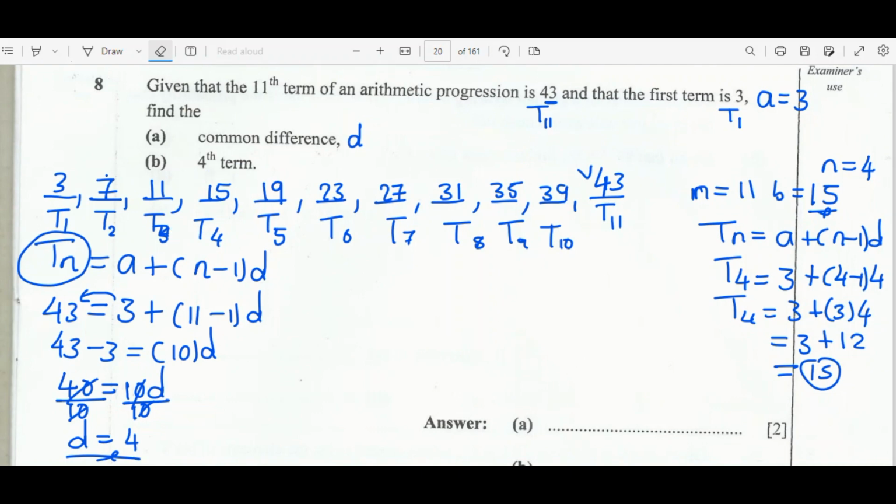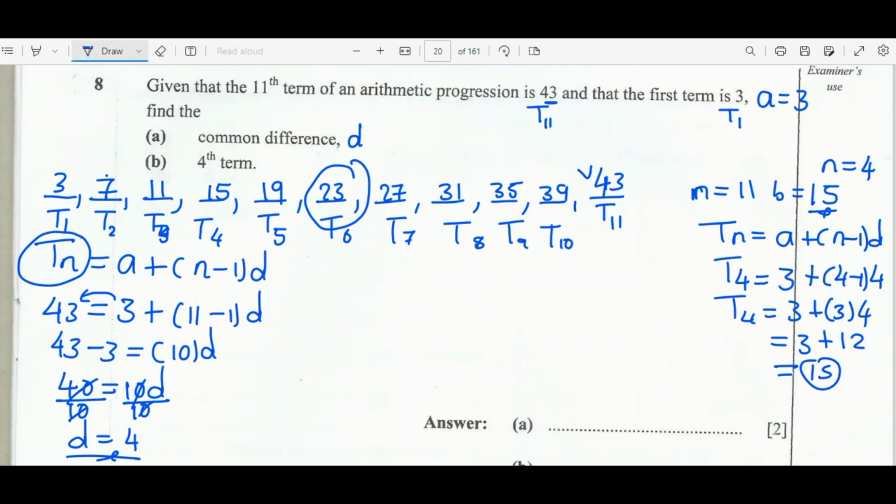Now, what else can we add on this sequence? If you look at this sequence, we can find the middle number, which is known as the arithmetic mean. So how can we find the middle number?